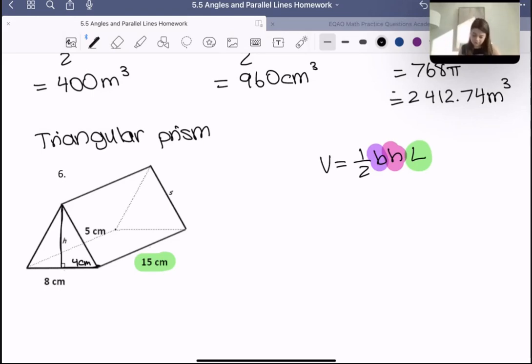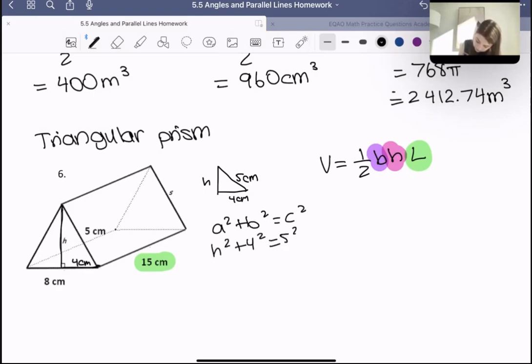So what we must do essentially is we're looking for the answer to this triangle. We have 4 centimeters here and 5 centimeters here, and we want to know the height. We don't know our height. So going back to Pythagoras' theorem, we know that a squared plus b squared equals c squared. And in this case, it's going to be h squared plus 4 squared equals 5 squared, which means h squared is equal to 25 minus 16, which means h squared is 9, which means h is 3.